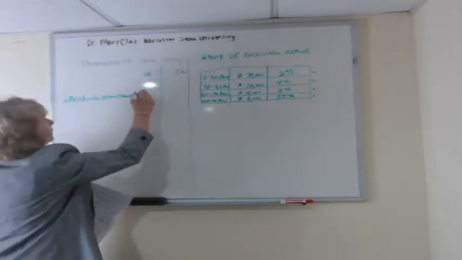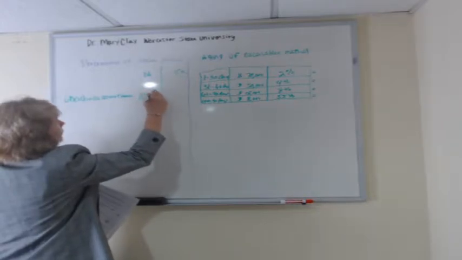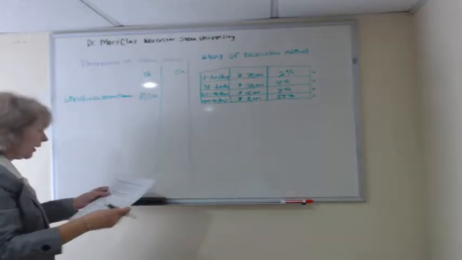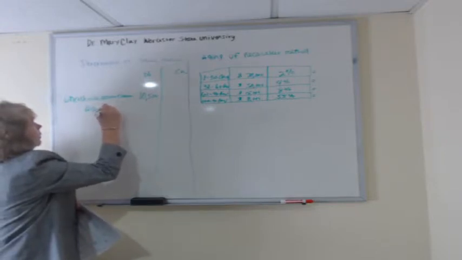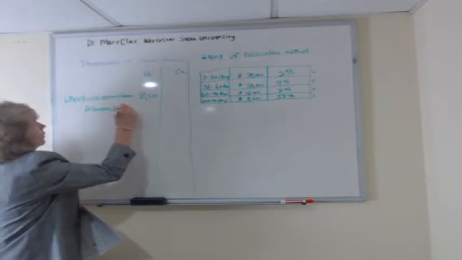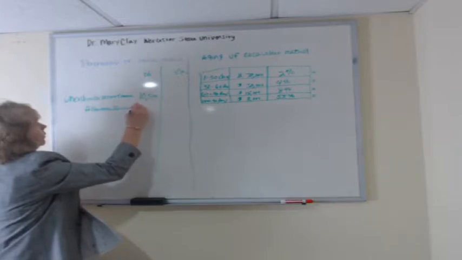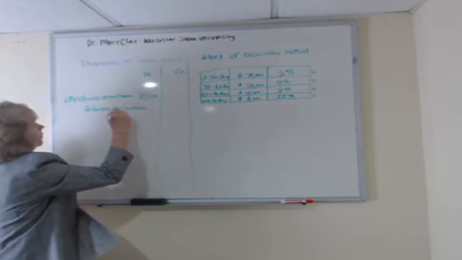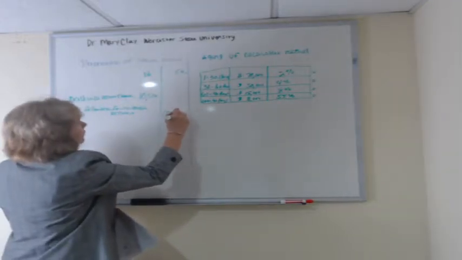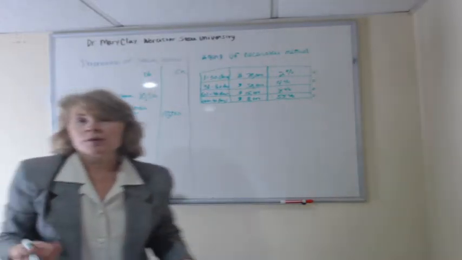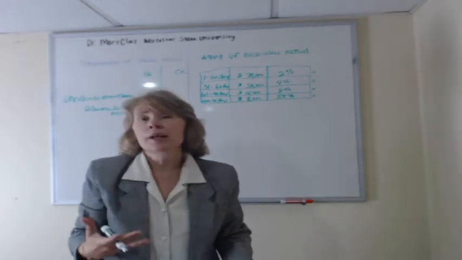And that's 10,500. And then you're going to credit allowance for uncollectible accounts, $10,500. And that's it. So the percentage of sales method is pretty simple.